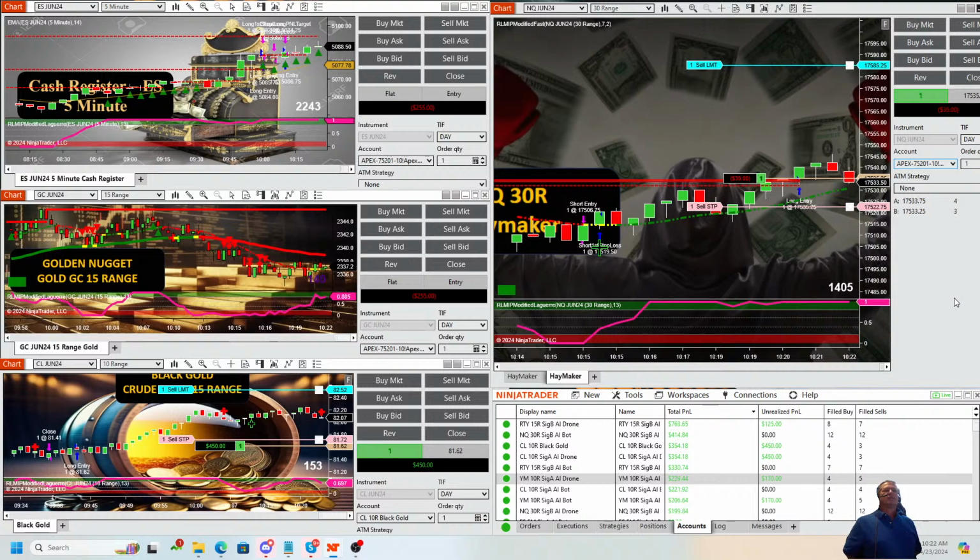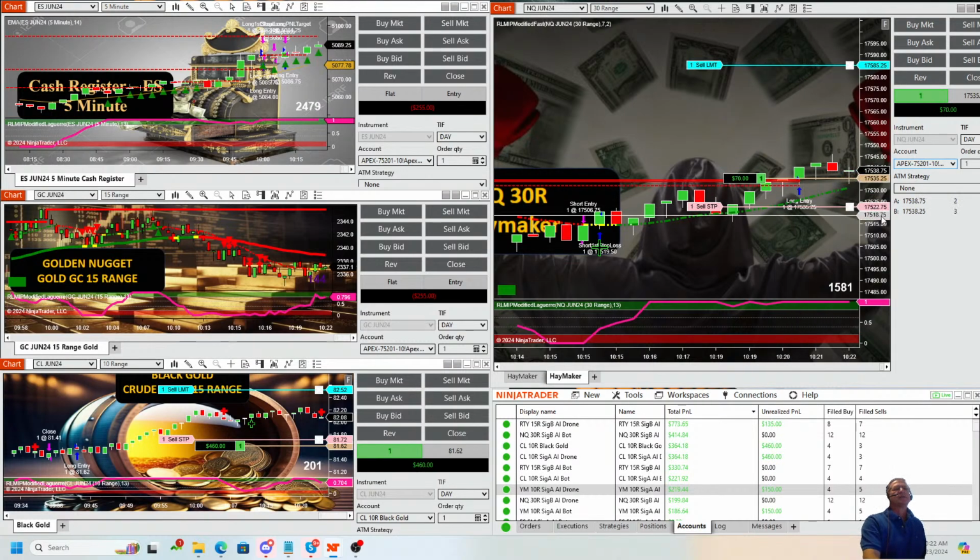Now my area of resistance is becoming an area of support, and it's preventing it from coming back on us, which is really nice. I don't want to talk too soon.